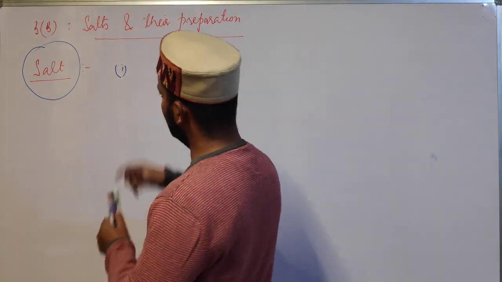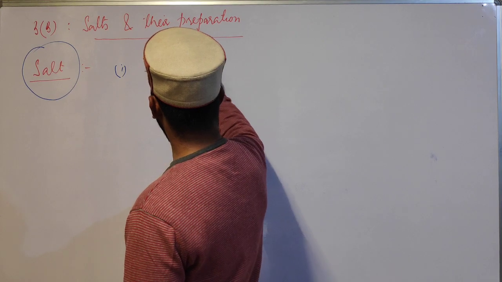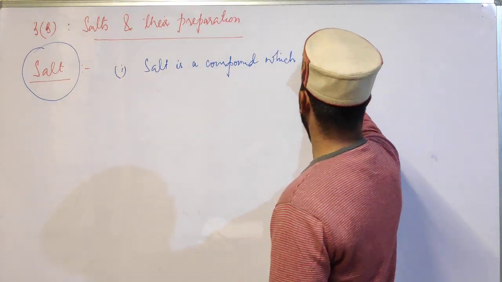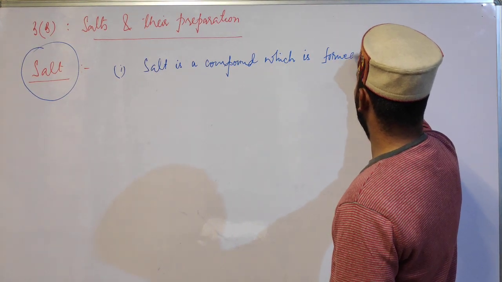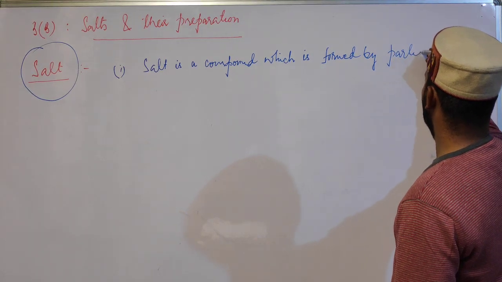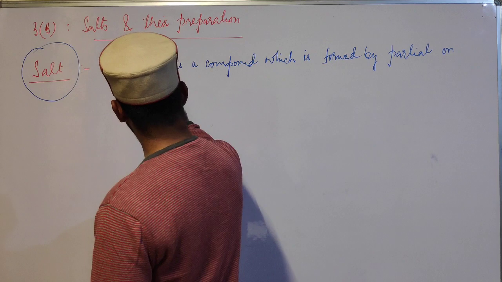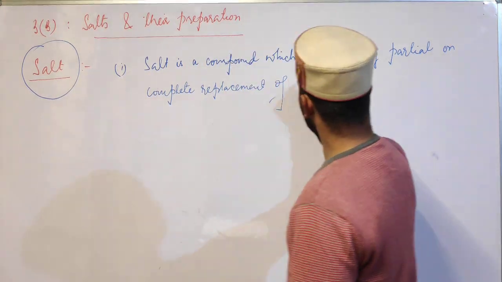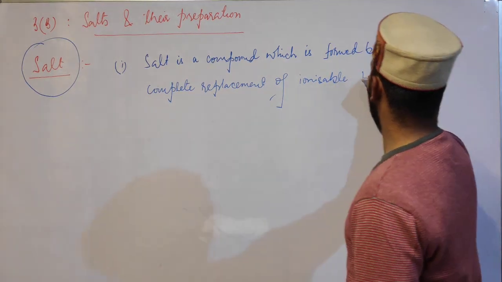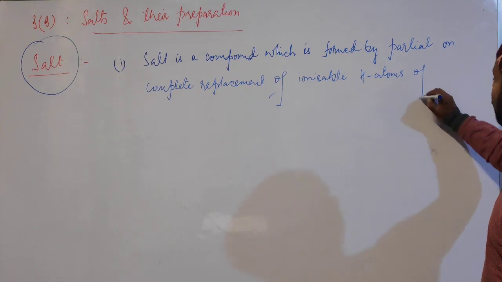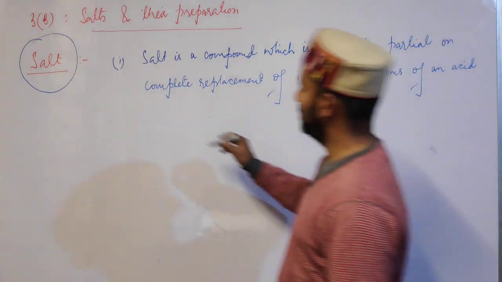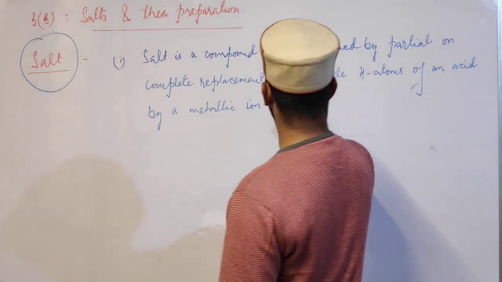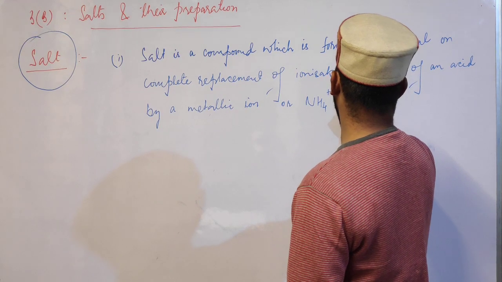So students, first definition is that salt is a compound which is formed by partial or complete replacement of ionizable hydrogen atoms of an acid by a metallic ion or what? Ammonium ion.